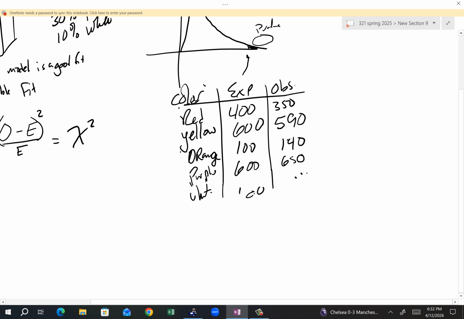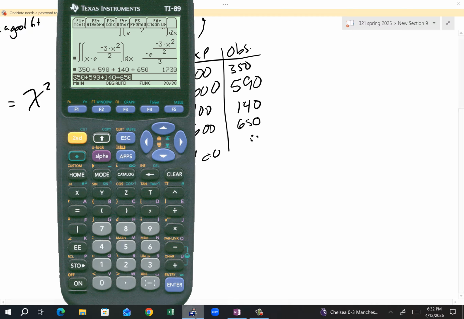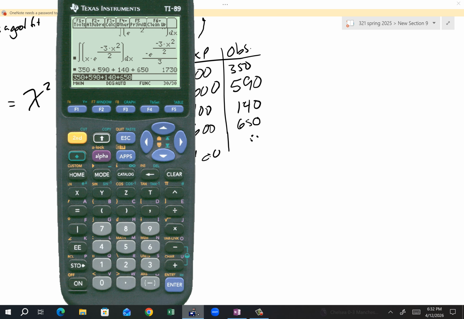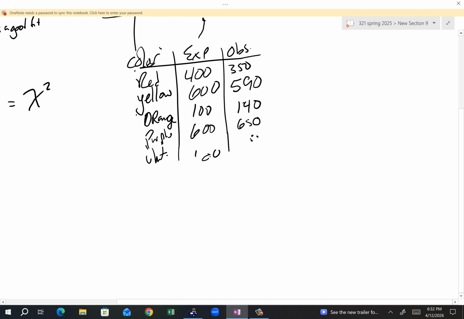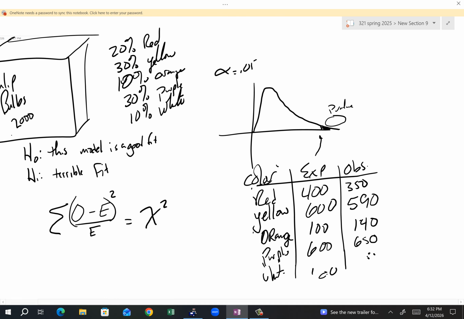How do you know you got 70? Because I took 2,000 bulbs out, sir. Is that what I said? Oh, no, I did not. 350 plus 590 plus 140 plus 650 plus 1. What's going on here? Mr. Groom sucks at math, apparently.